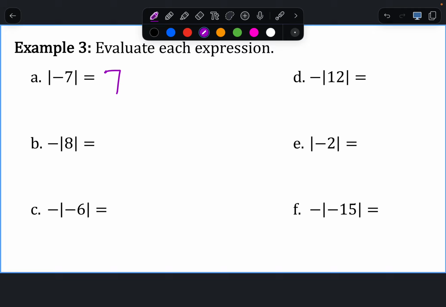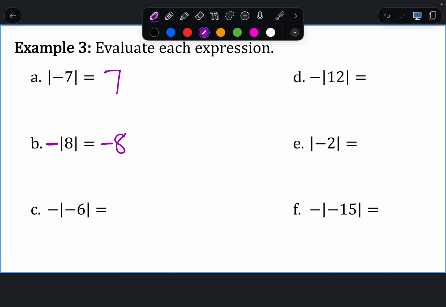Okay, we knew that. Now, look at this. Is the negative inside or outside for B? It's outside. So let's think about first, what is the absolute value of 8? 8. But this negative is still there. See how that works? Okay.